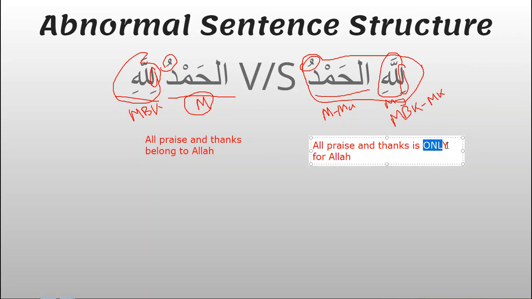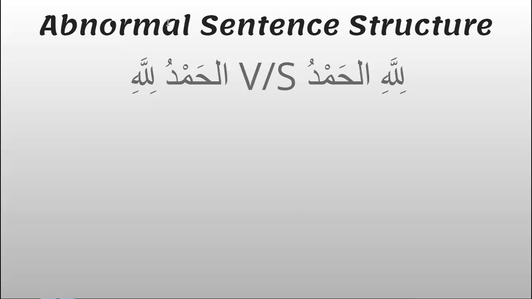This exclusivity is due to this mubtada muta'alliq bil khabar muqaddam. Whenever we switch its organization, it will cause the exclusivity. When it's a normal structure, it's just the normal translation. But if we switch the order, it will add "only" or "exclusively."